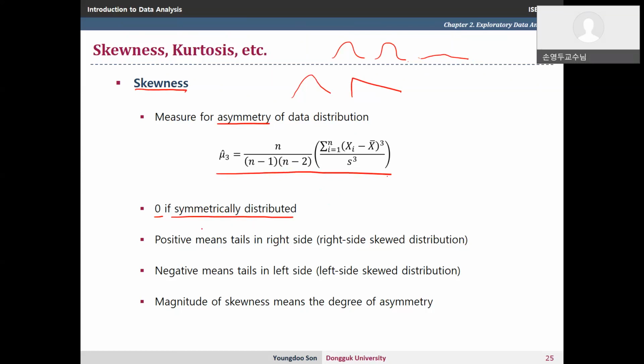However, if the skewness is positive, we usually call it right skewed or positively skewed. It means that it has a long tail on the right side. For example, like this. This one is right skewed.